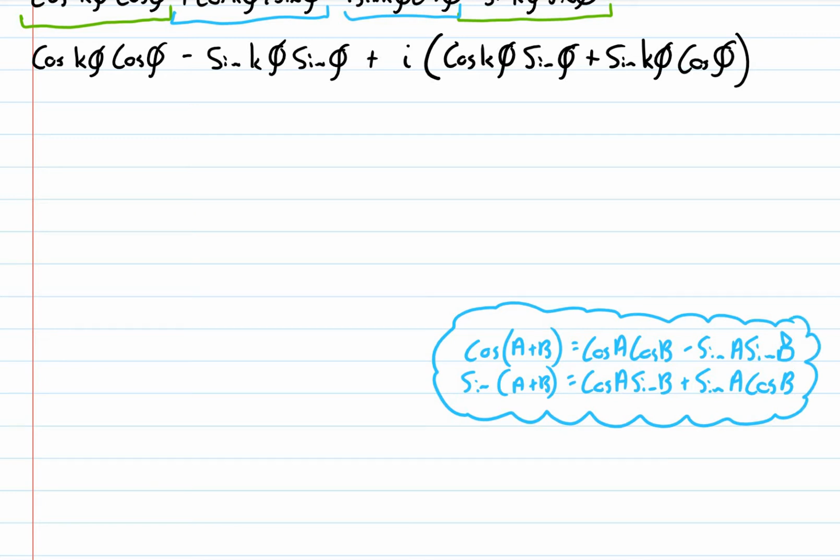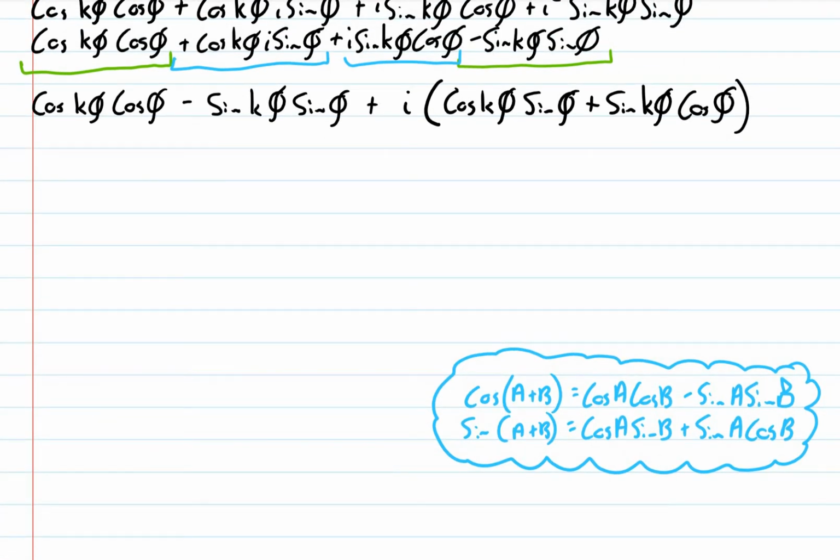Right, using that information though, let's have a look here. cos A cos B. Well look, here's a cos and a cos. So I could say that this k theta is A and this theta is B. Likewise here, sin k theta sin theta. Well look, that's that bit. So if you just look again, all of this is basically exactly like this.